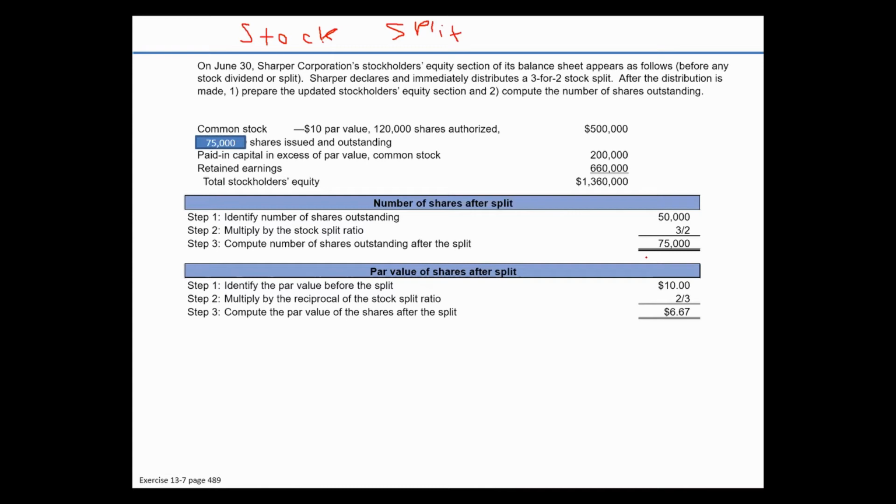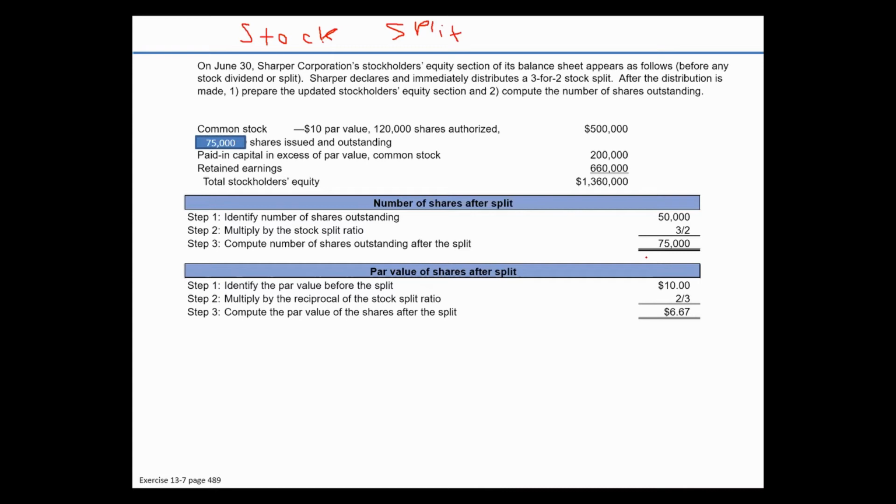So remember, we're issuing more stock. The investors get more stock, but the value for each share would be reduced. Companies often will do stock splits when their share price gets high enough, in order to keep the price of their stock consistent, and it works out the same for the investors.